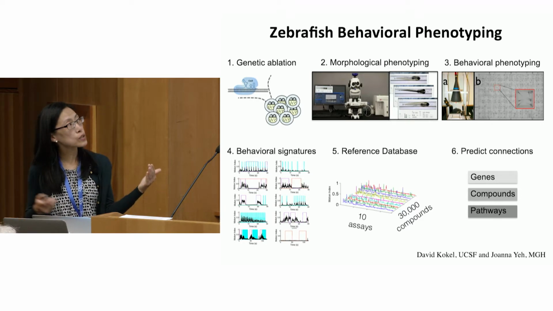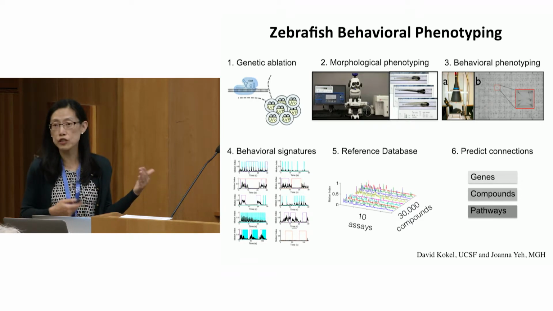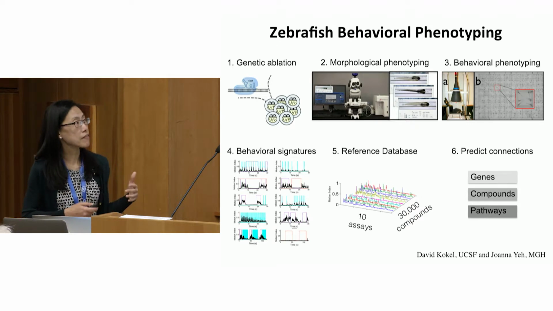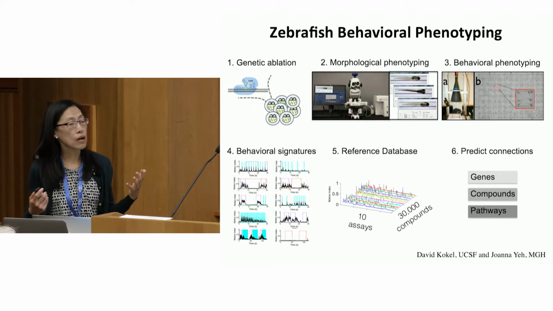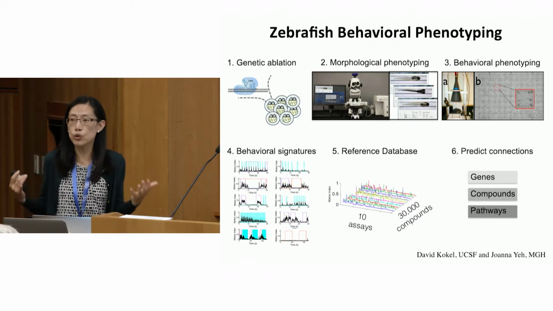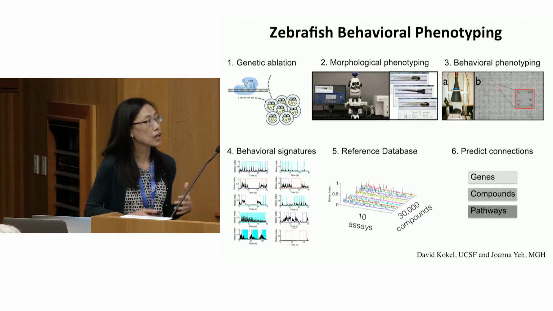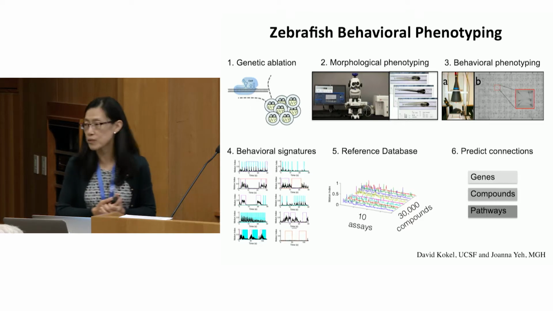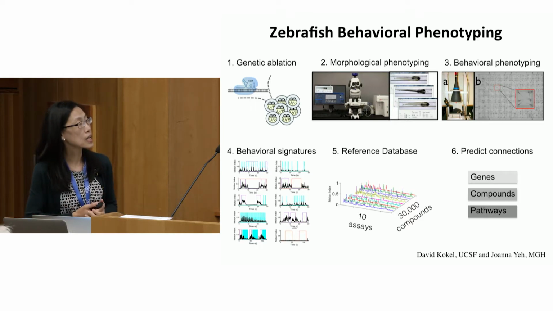In this case, we chose this behavioral phenotyping platform because it is very sensitive, and also because the CNS has a very good representation of all those 4 protein classes.